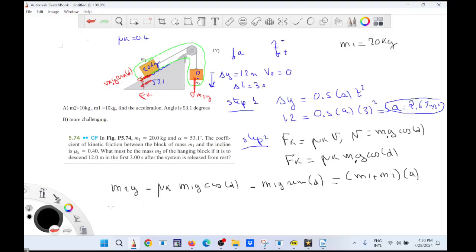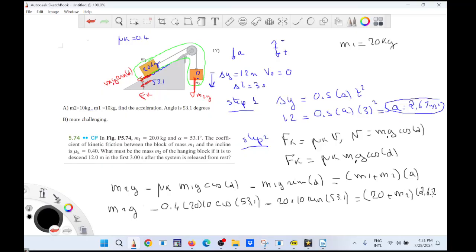So M2G minus 0.4 times 20 times 10 times cosine 53.1, minus 20 times 10 times sine 53.1, equals 20 plus M2 times 2.67.